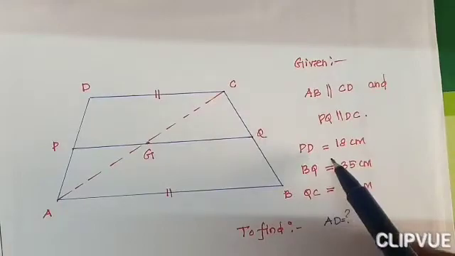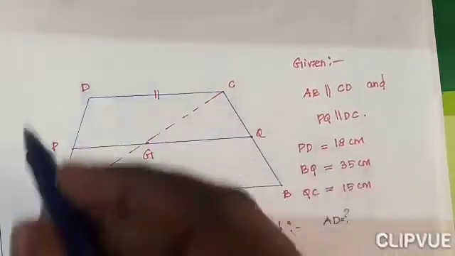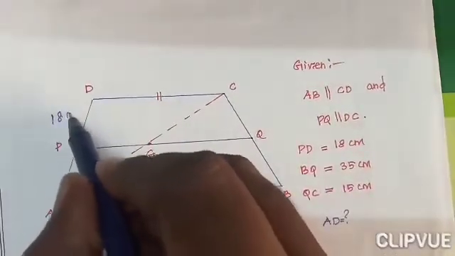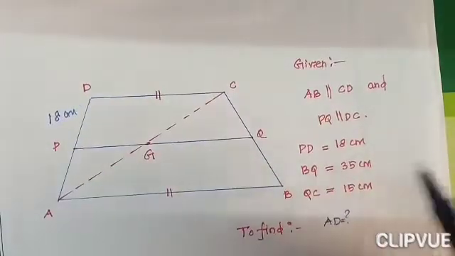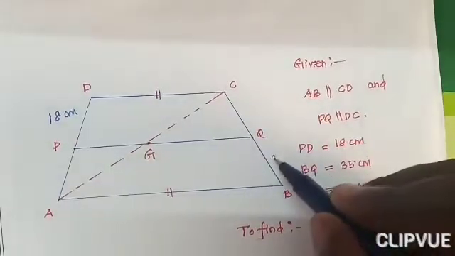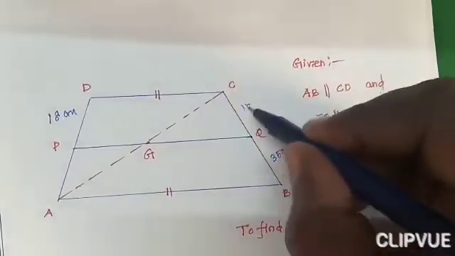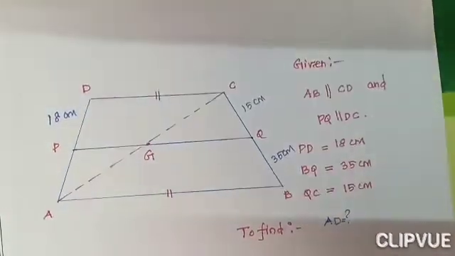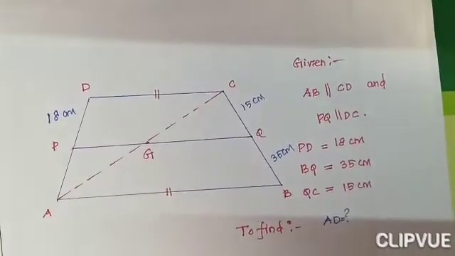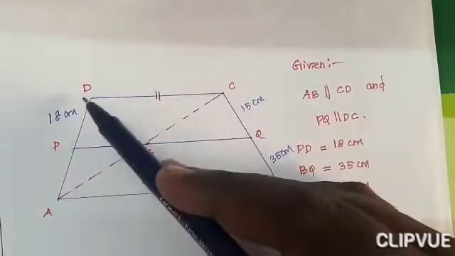Here PD length, P to D, is equal to 18 centimeter, and BQ, B to Q, is equal to 35 centimeter, and QC is 15 centimeter. These values are given. They are asking to find the length of AD.